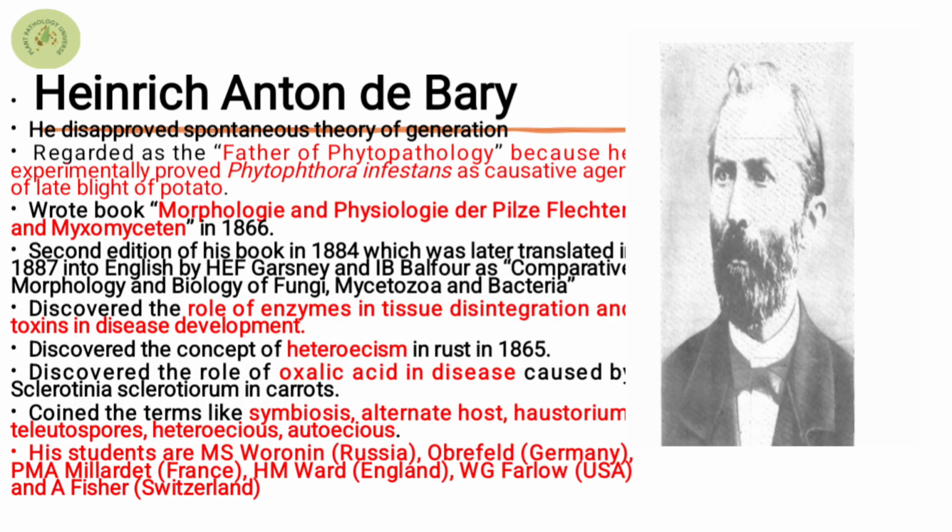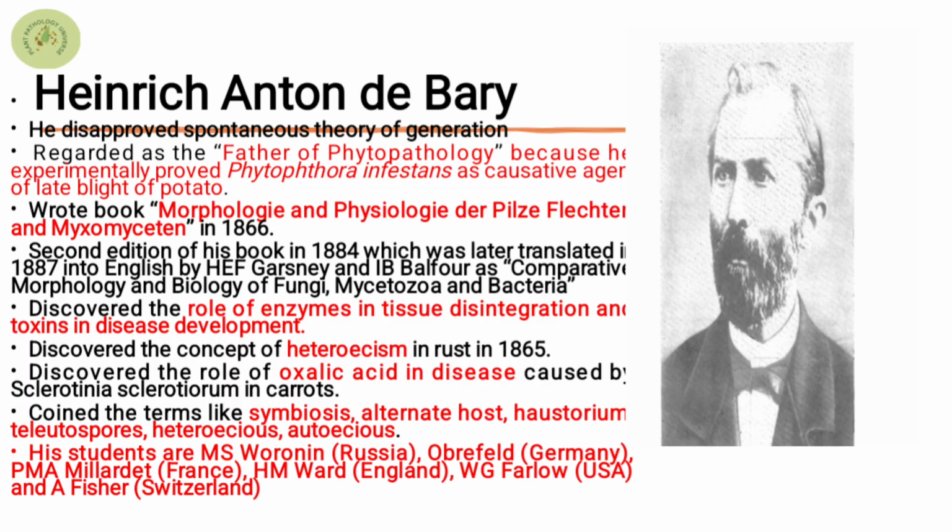Okay, so he also wrote very important books. First was Morphologie und Physiologie der Pilze, Flechten und Myxomyceten in 1866. Then the second edition of his book came in 1884, which was later translated into English by Garnsey and Balfour in 1887, and the name of the book after its translation into English turned out as Comparative Morphology and Biology of the Fungi, Mycetozoa and Bacteria.